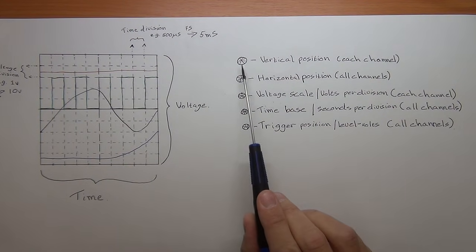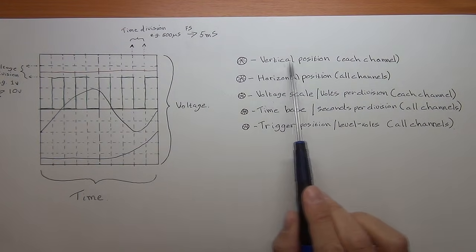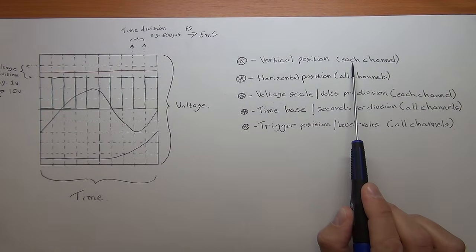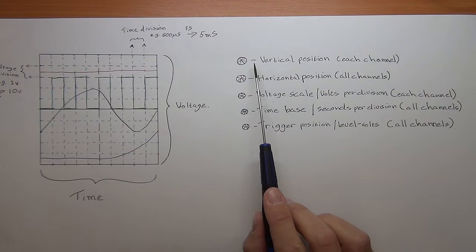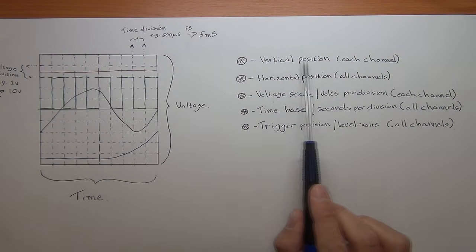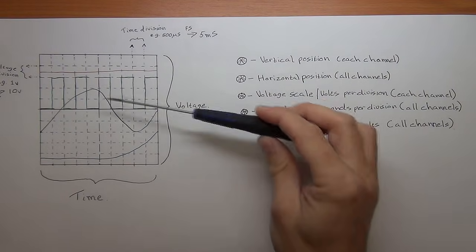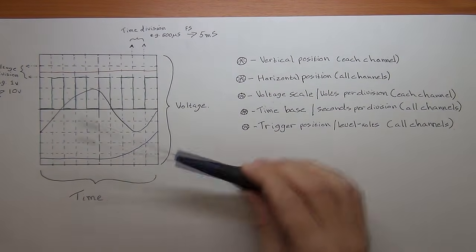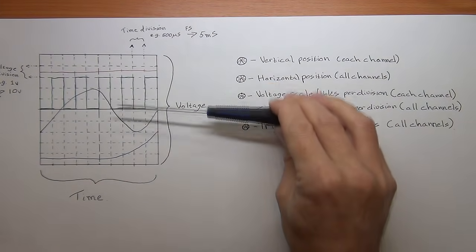So the first knob, which you actually saw me playing with, is the vertical position knob, and that is per channel. If you have several signals coming into your oscilloscope, each of those channels will have its own vertical position knob. What that allows you to do, without changing the scale of the signal, is to position it up or down.